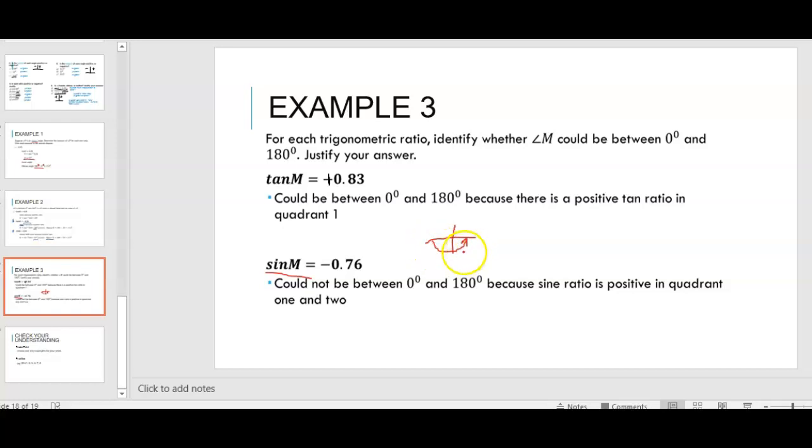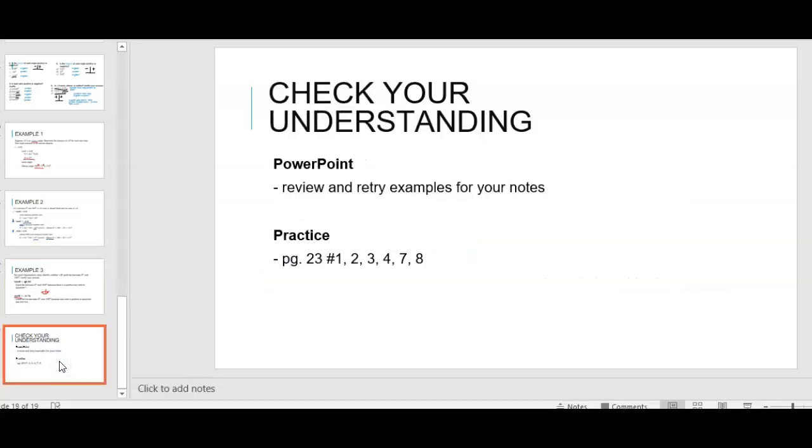So it's going to be somewhere here in quadrant 3 or quadrant 4. So angle M is not between 0 and 180 degrees. Okay, that was the last example that we are going to go over.